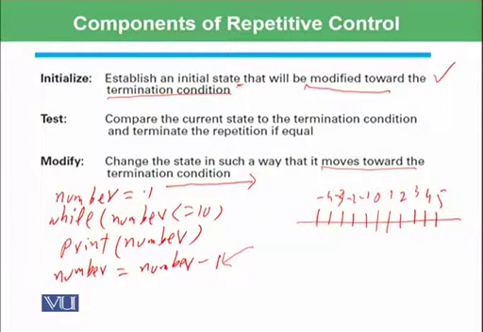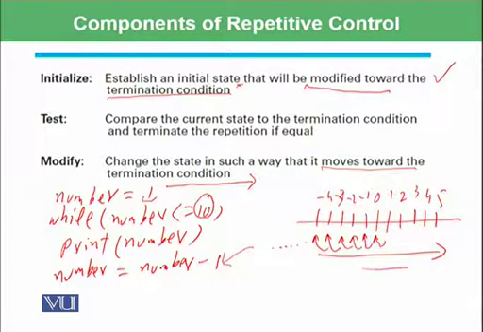So if the initial value is 1 over here and we are saying number is less than or equal to 10 and we are decrementing the number by 1, this 1 will become 0 next time, then minus 1, minus 2, minus 3, minus 4, minus 5 and so on. So can you see that it will ever reach 10? No, because 10 was in this direction, not in this direction. So that's why you need to choose something that is moving toward the termination condition.